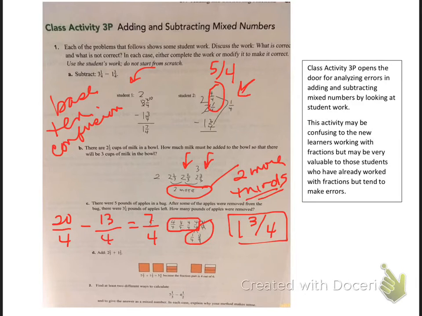Okay, so looking at part D, I thought this is an interesting problem as well. The child's adding 2 2/3 plus 1 2/3. They correctly add the whole numbers and get 3, but then they are counting 4 out of 6 pieces, and that's not what we want them to do at that point.